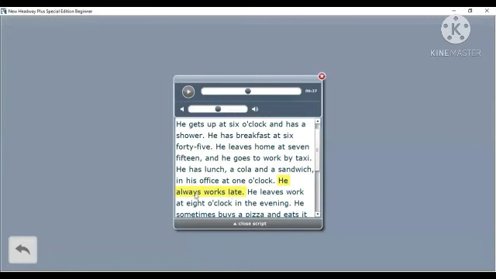Of course, always is an adverb, and the type of adverb here is a frequency adverb. What is the use of a frequency adverb here? It tells us how many times, the number of times the action is repeated. Okay, is it always 100%? Is it sometimes 50%? Okay, so always means he always, 100%, works late.